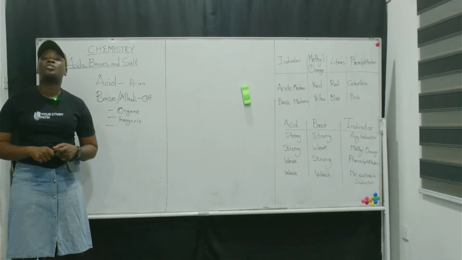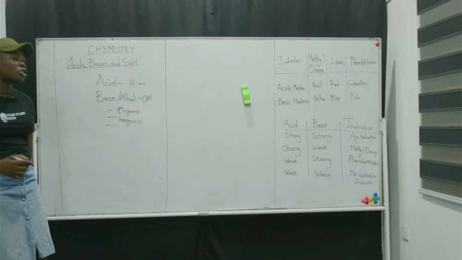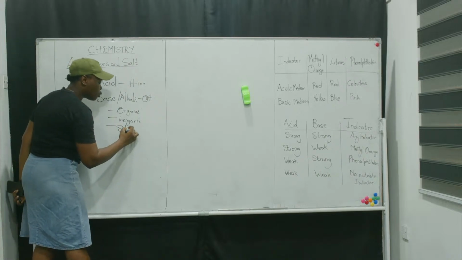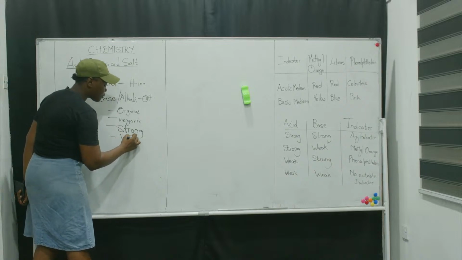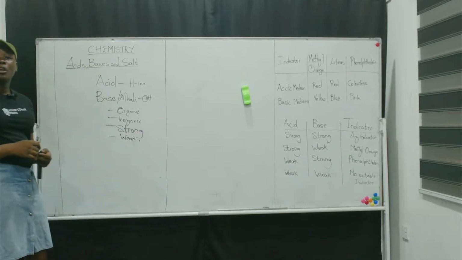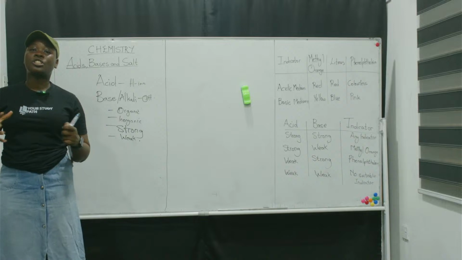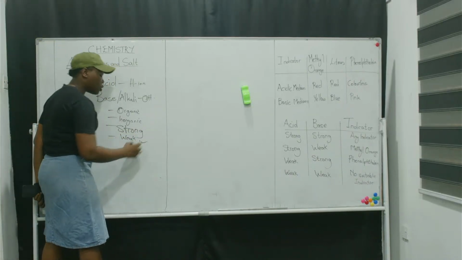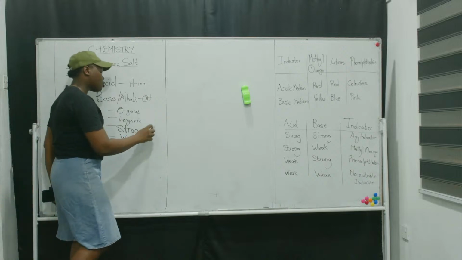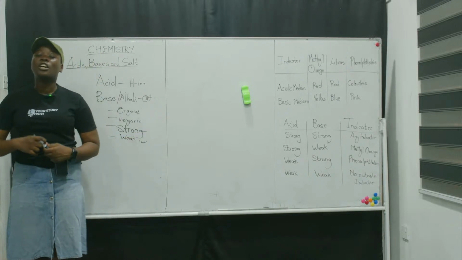We talked about strong acid and weak acid based on the solution of acid in water. That means one can dissociate completely in water and the other cannot. Weak will not dissociate completely in water, whereas strong will dissociate completely in water.